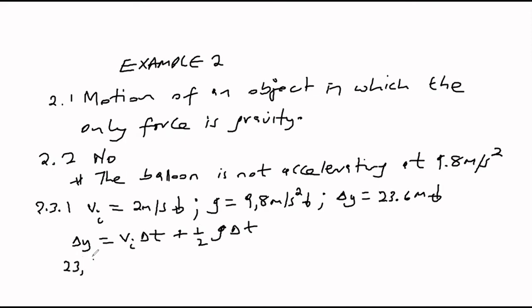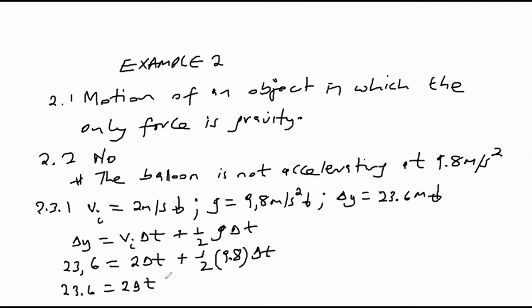It's 23.6 positive, equal to the initial velocity, 2 positive, delta t, which is unknown, plus half g, which is positive 9.8, since we take down as positive, delta t squared. Okay, so we have 23.6 equal to 2 delta t plus 4.9 delta t squared.